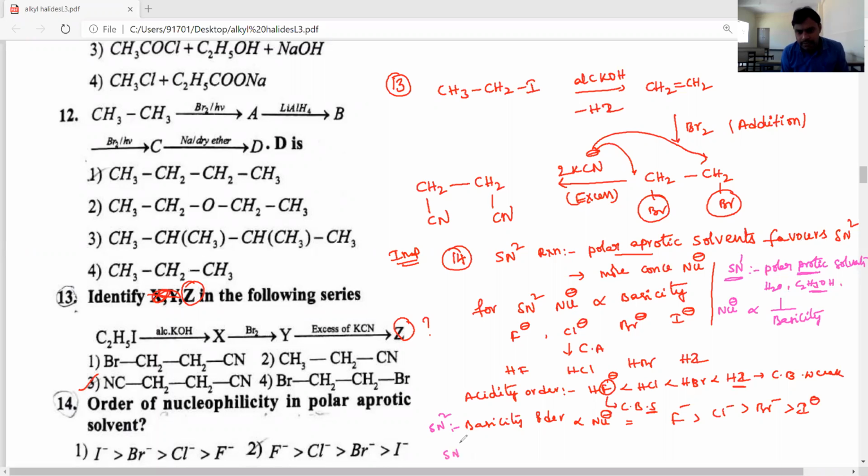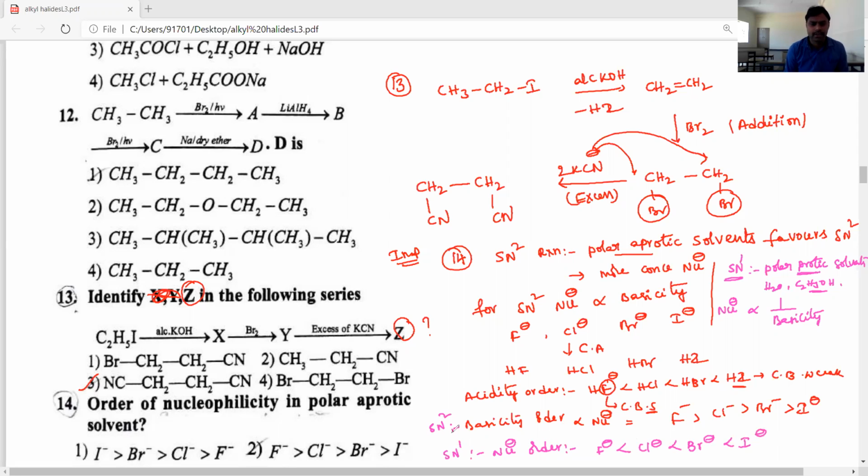In the same way, for SN1 reactions, among the given nucleophiles F minus, Cl minus, Br minus and I minus, the nucleophilicity order is reversed: F minus is less than Cl minus, then Br minus, and then I minus.